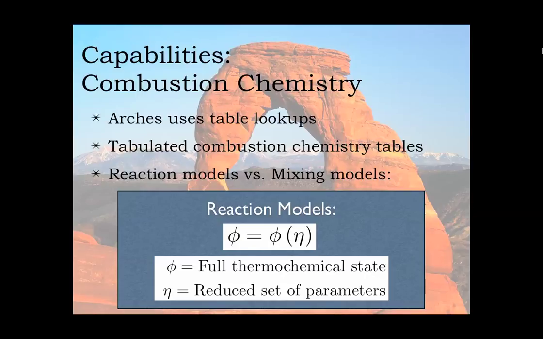In this way, we only have to track 1 or 2 or 3 variables, and we can back out 100 variables, or however many variables we want. So this saves a huge amount of computational time, and the error involved with doing that is marginal.